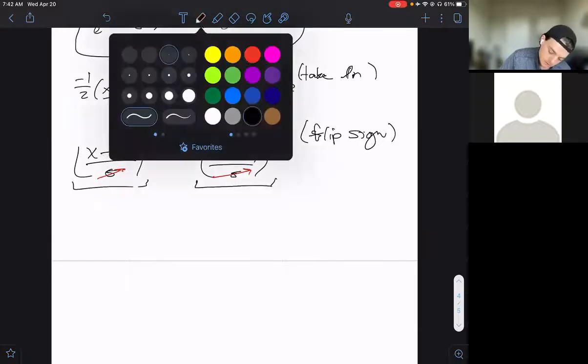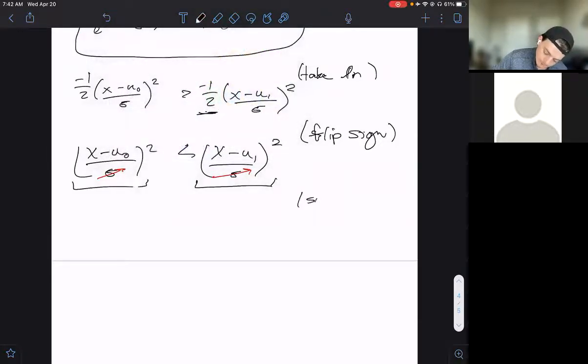And what this becomes, after simplifying, I know this is a lot of math, we're almost done. What this will become is x squared minus 2x, we've got this mu1, and then, oops, sorry, no, mu0.